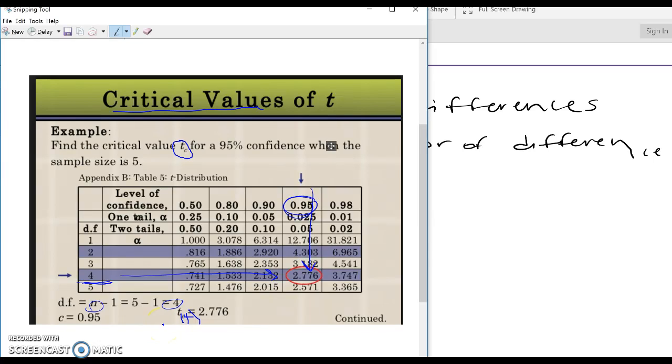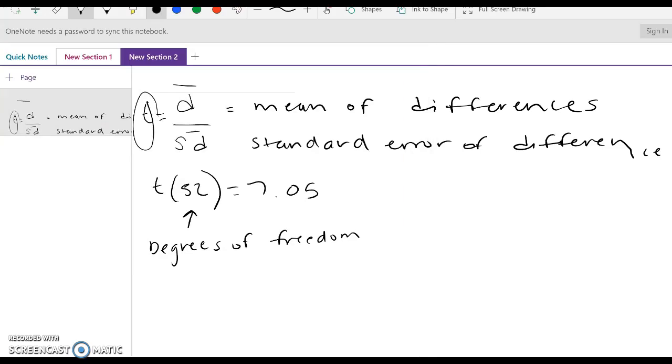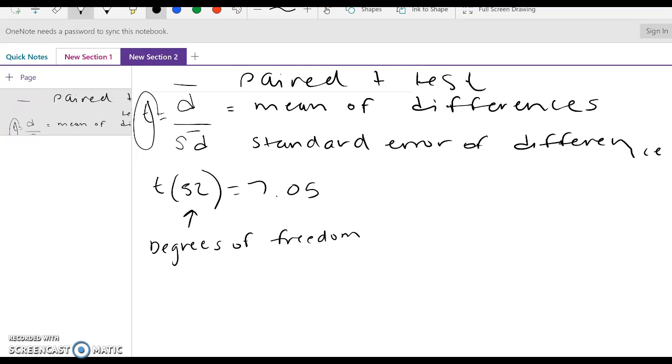Okay, stick with me. It will make sense. Now, I remind you that this is for a paired t-test. So the degrees of freedom are going to represent something a little different.